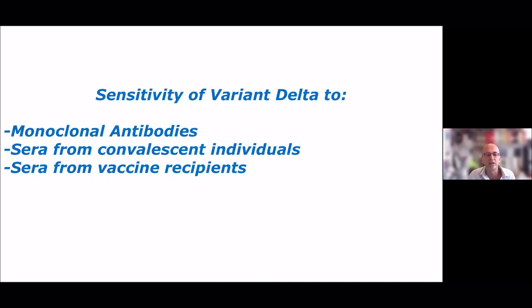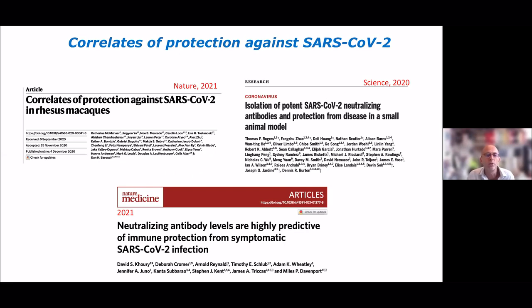So now, what is the sensitivity of the variant delta to antibodies? So we tested monoclonal antibodies and sera from convalescent individuals or vaccine recipients. And you all know that so far, the level of neutralizing antibodies has a strong predictive value of immune protection from symptomatic infection.